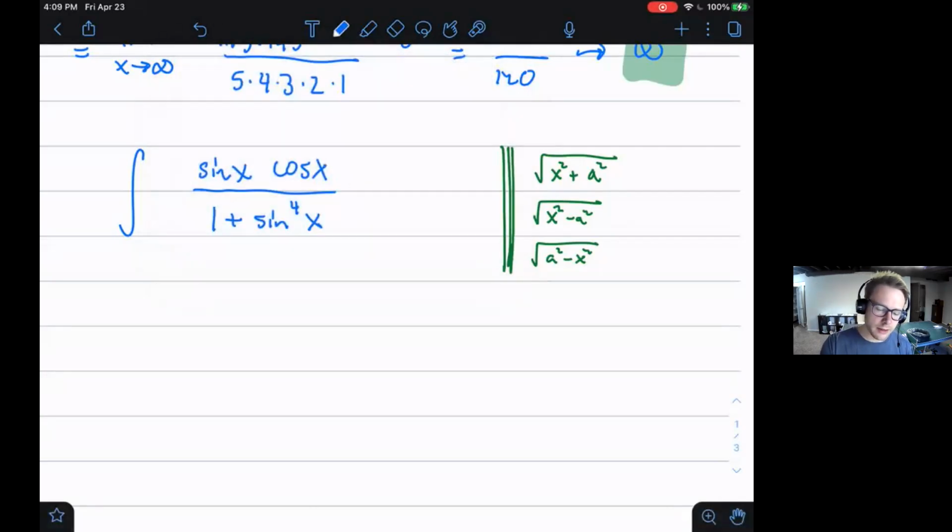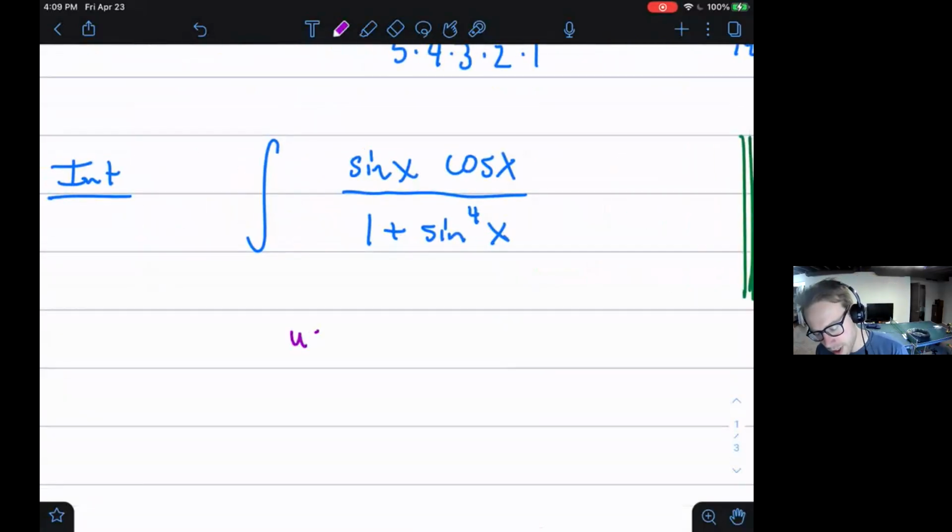For instance, if you did the most natural U substitution I would recommend, it would be probably U is equal to sine of X. And if you do U is equal to sine of X, you can see that you can get there, but you're actually going to need to have yet another step. So the derivative here is going to be cosine of X, and that's going to nicely take care of this. Oops, and I forgot maybe when I was writing this out to include my dx here. And so you can actually do it this way.